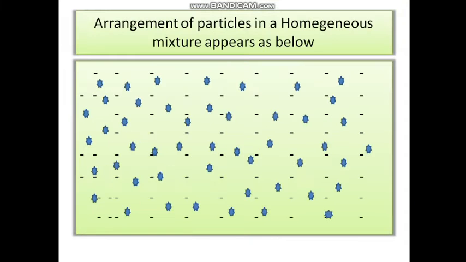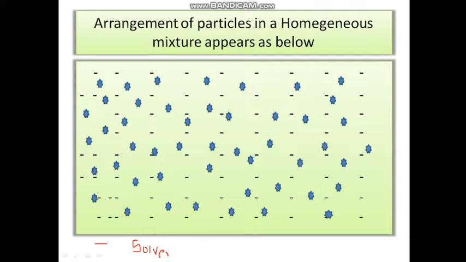And the arrangement of the particles in a homogeneous mixture is as shown in the figure. The small lines indicate the solvent, while the star marks indicate the solute present in the solution.